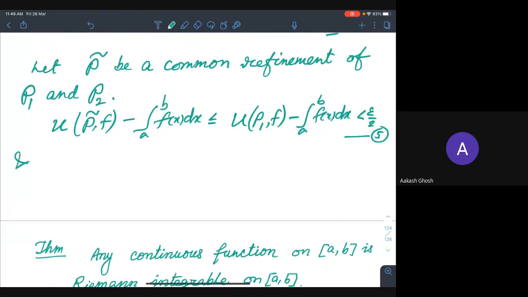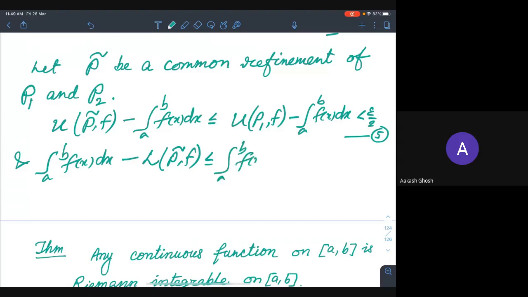And the integral from a to b of f(x) dx minus L(P tilde, f), the lower sum, is less than or equal to the integral from a to b of f(x) dx minus the lower sum with respect to P2 of f, which is less than epsilon by 2. This is 6.